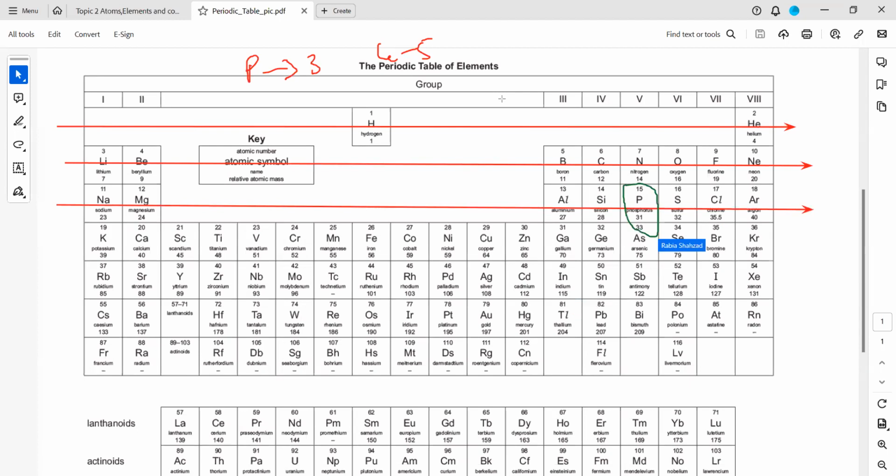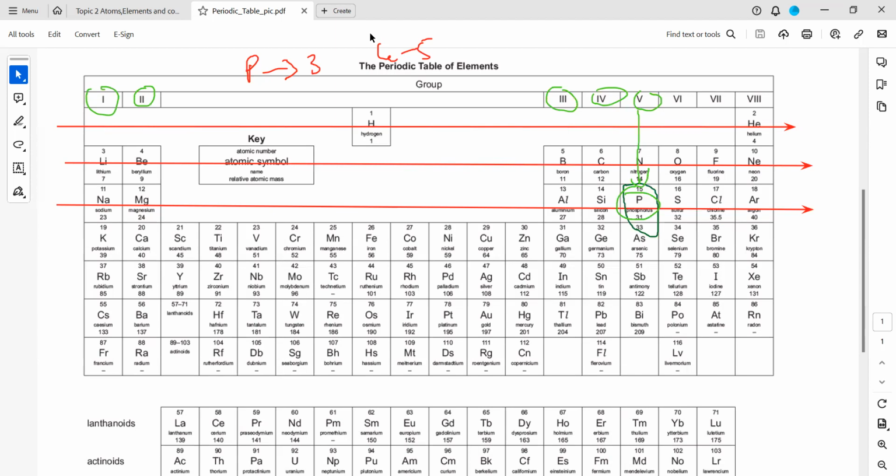And for group 5, the groups are written in Roman numerals. This is group 1, group 2, group 3, group 4, and group 5. So this is group 5 and period 3, it matches with phosphorus. So the element here is phosphorus.